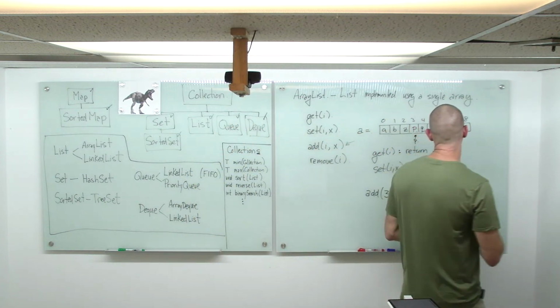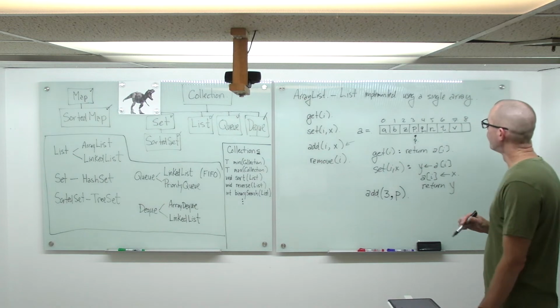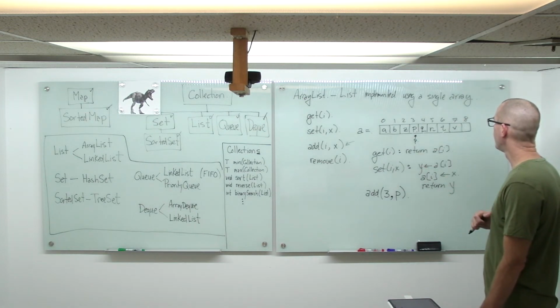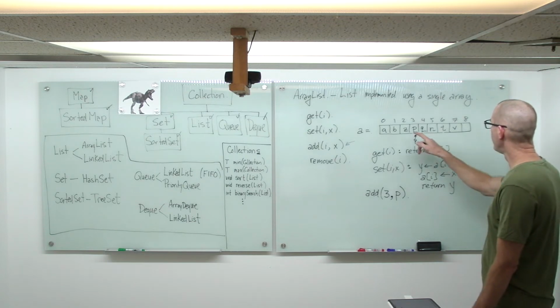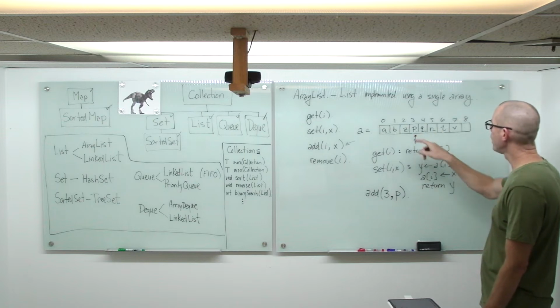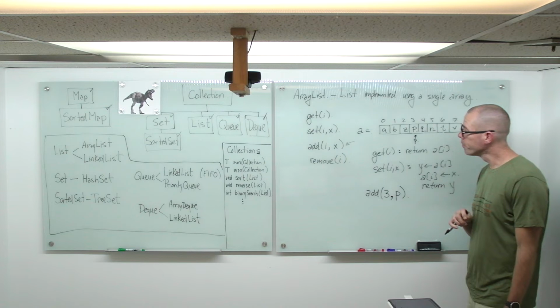And here, there were 7 things before, and we're adding at position 3, so 4 things had to move out of the way.